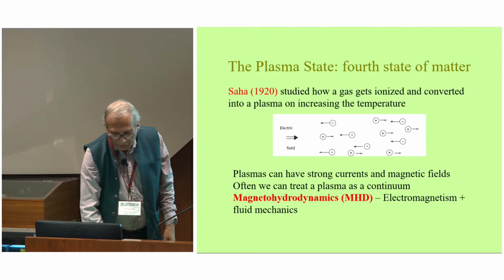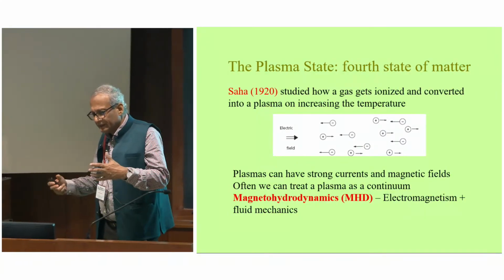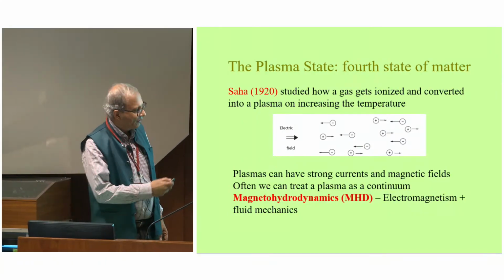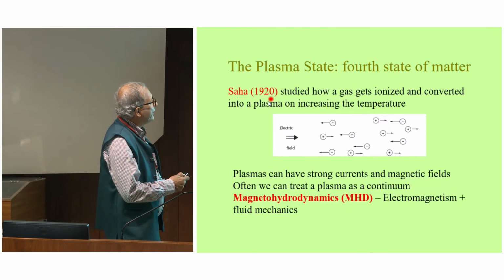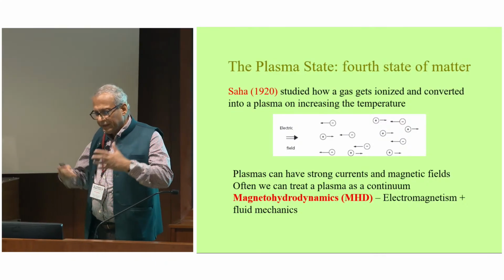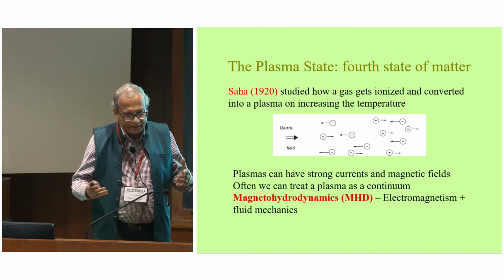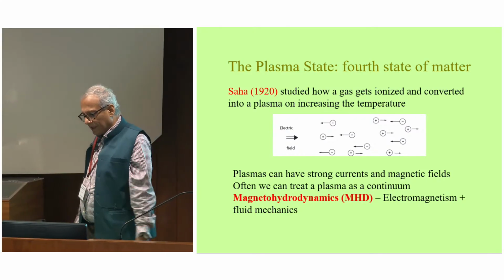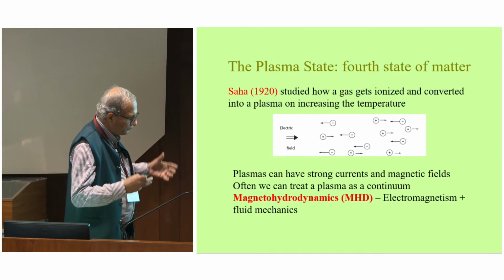Let me tell you how we proceed. The material of the sun is in the plasma state, often called the fourth state of matter. You know that the Indian physicist Saha studied the process by which, on heating a gas, its atoms get broken into positively charged ions and negatively charged electrons, so that it ultimately becomes a plasma.